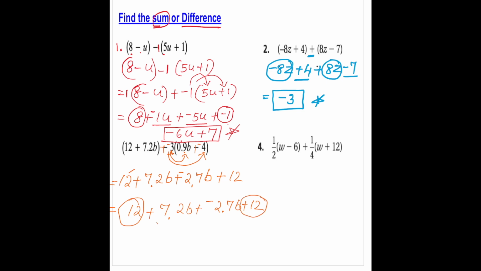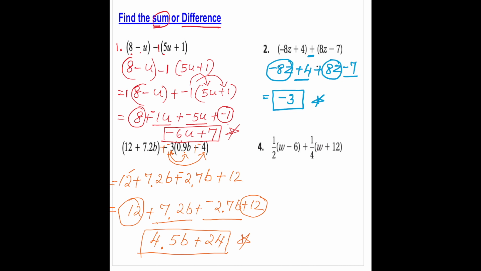I have a 12 here, another plus 12 here, and positive 7 and 2/10 of b and negative 2 and 7/10 of b. You subtract the coefficients because one is positive and the other is negative, going back from 7 and 2/10 on a number line. So 12 minus 7 is 5, and 6 minus 2 is 4. So 4 and 5/10 of b plus 24. That will be the answer for that problem.